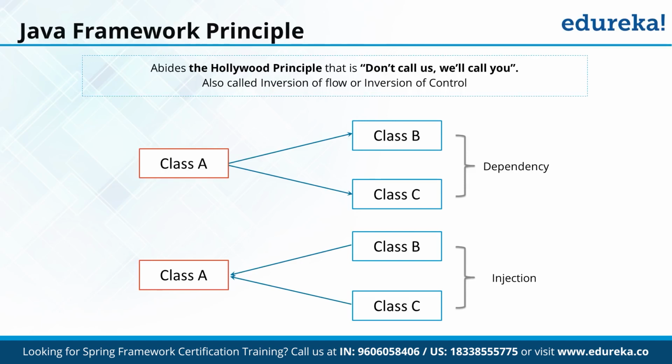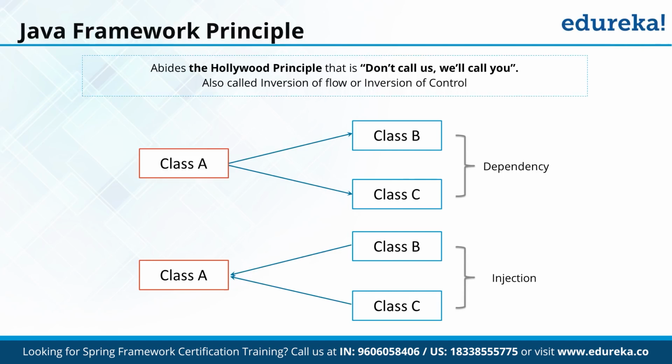But inversion of control says do not worry about creating the object. The framework is going to create objects for you; you just configure the objects. So let's say we have a class A which has a dependency on some other classes like B and C.